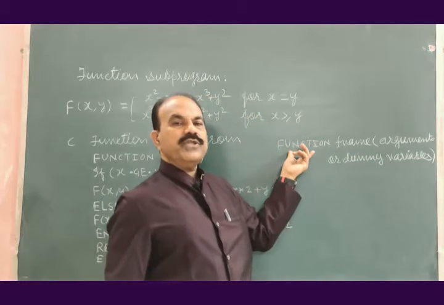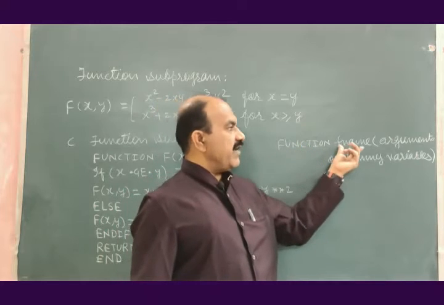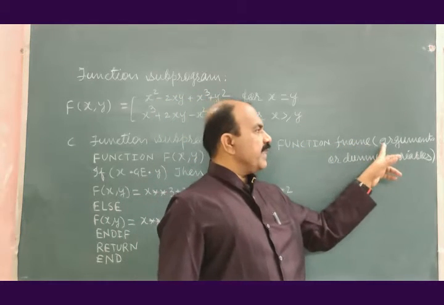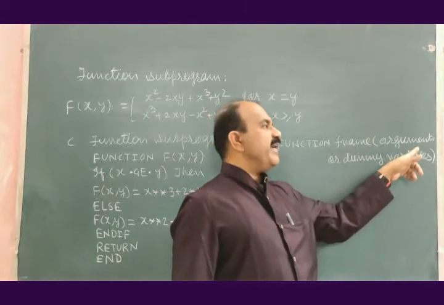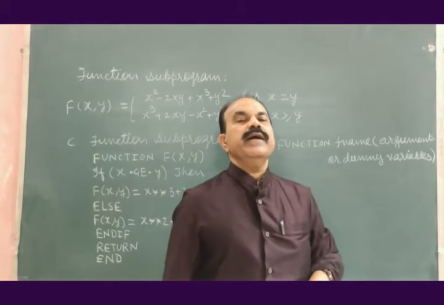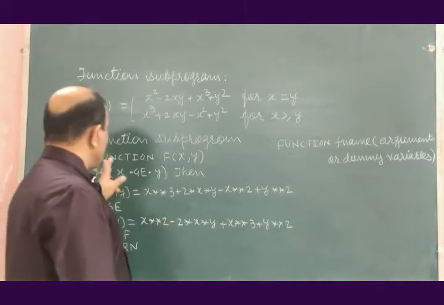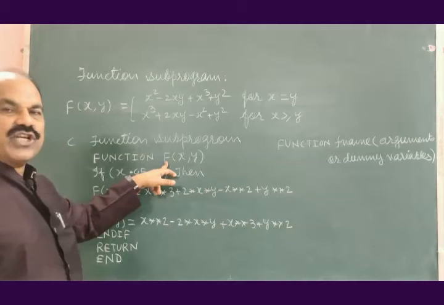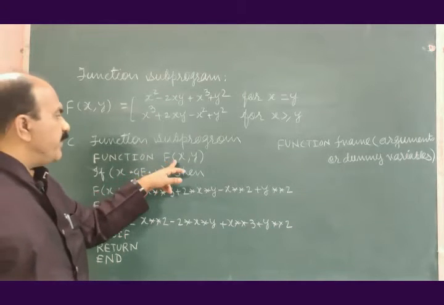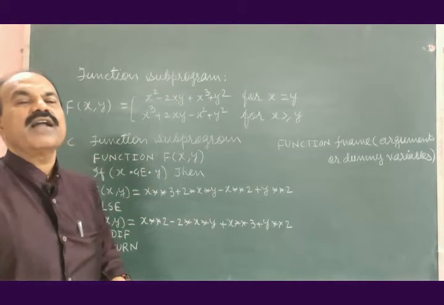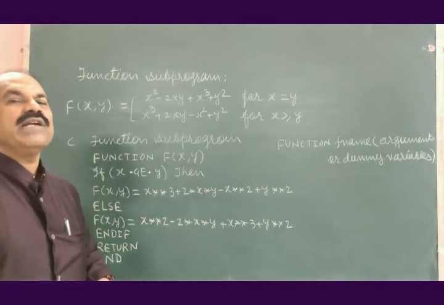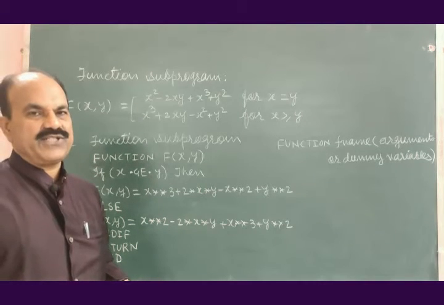So the format is function F name, function name. Inside the bracket, arguments or dummy variables. Here x and y are the arguments or dummy variables.